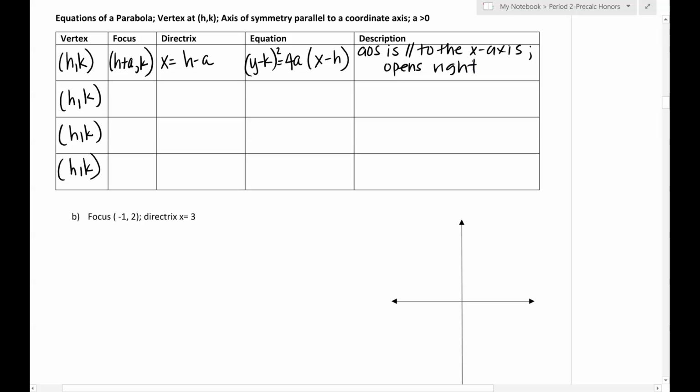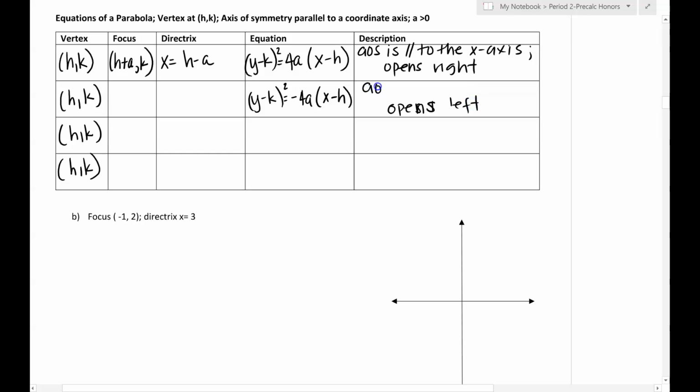Next one, we will have the equation of y minus k quantity square, and we will have negative 4a, and we have x minus h here. Now this, because it's negative, it opens to the left. Opens to the left, okay?